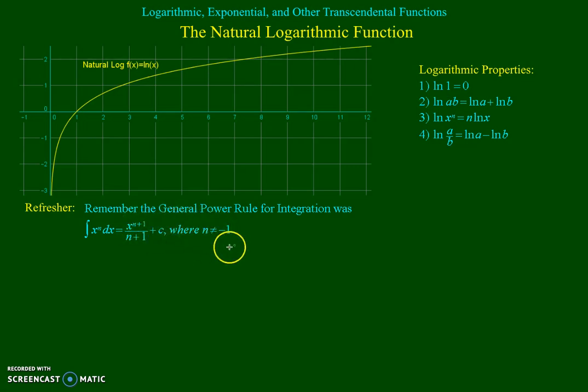And this special caveat is now going to be very important, where n doesn't equal negative 1. What that means is that up to this point we have not been able to take the antiderivative of the reciprocal function. So right now we don't know how to find the antiderivative of this function. But with the help of the natural log function, we're going to see how to do that.